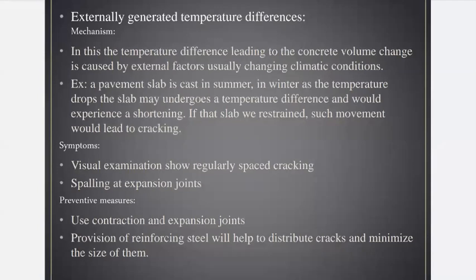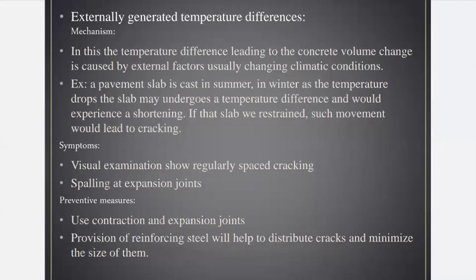So what are the symptoms? The visual examination shows regularly spaced cracking. You can see visually, and you can say whether the crack is due to external or internal causes. If you are seeing the cracks with your eyes, and on a daily basis these cracks are enlarging or getting more and more, then you can say that it is because of externally generated temperature.